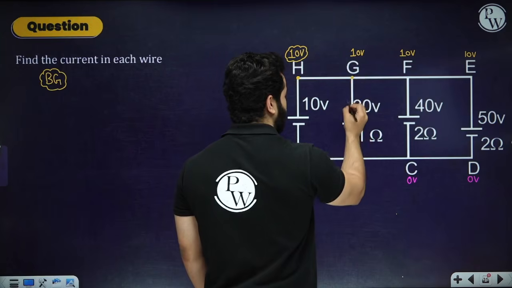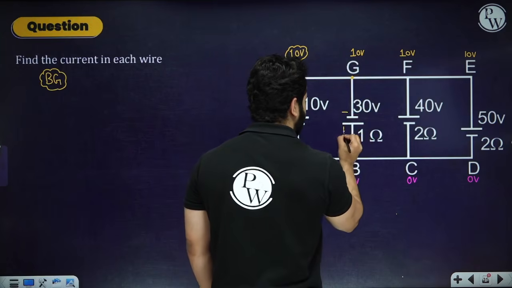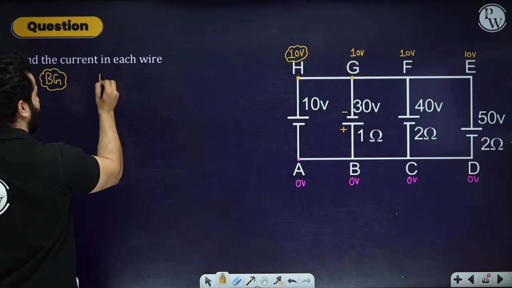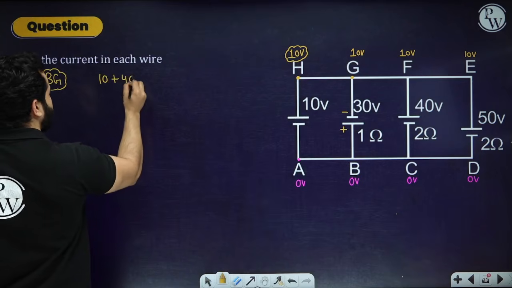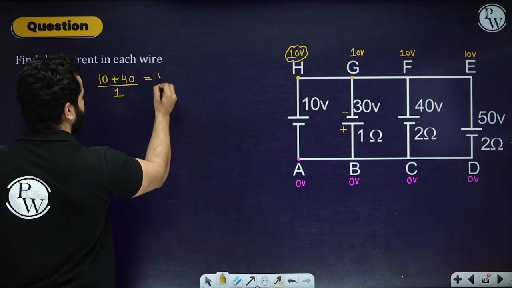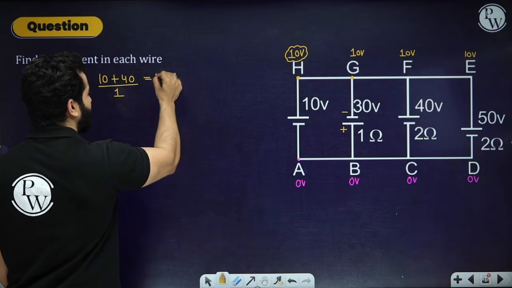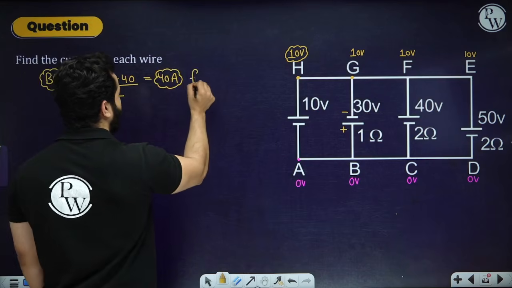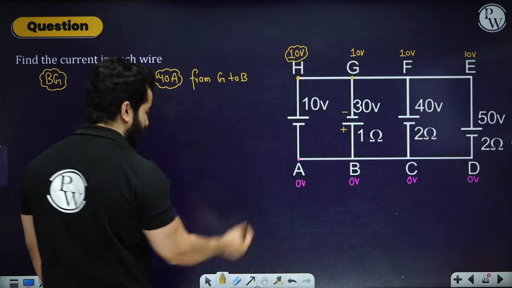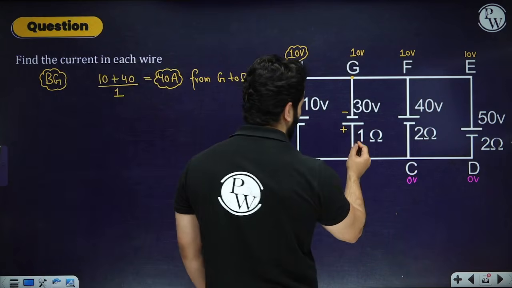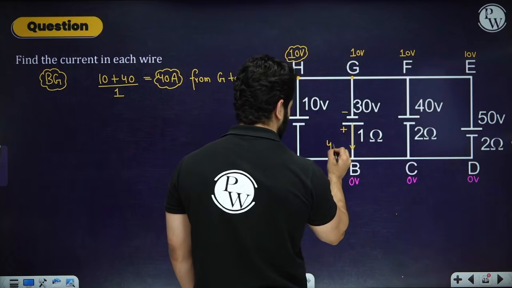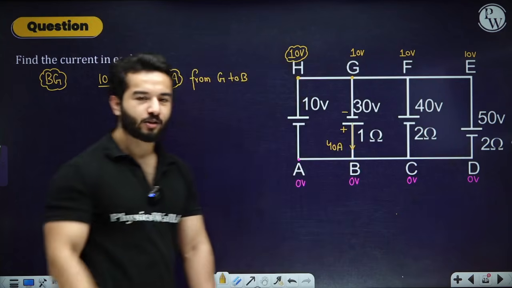Now let's read the potential: 10, and there is a potential gain of 30 volt. So at BG, I'll write it as (10 plus 30) divided by the resistance, that is 1, that is 40 ampere. 40 ampere in which direction? From G to B. So I have found out one current which is 40 ampere in this direction.